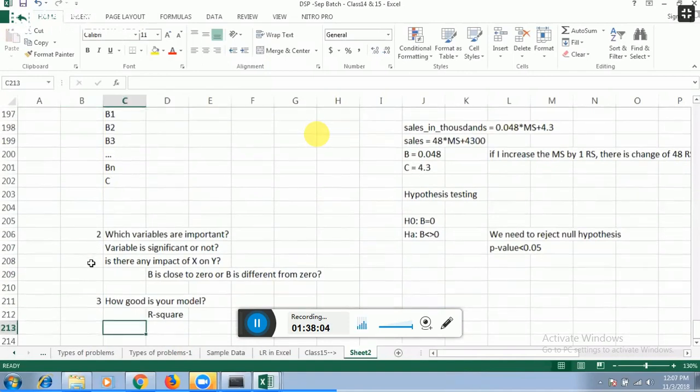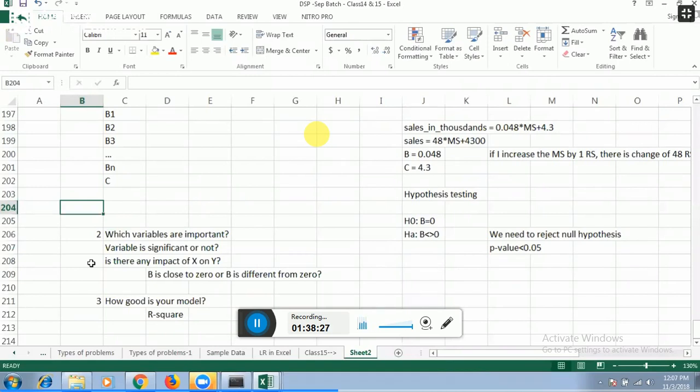And one more important thing is, before doing this, I also want to make sure that, suppose all betas are close to 0, that means none of the variables is coming significant. What does that mean? Constant. That is the same as y equal to constant. That means, can you see any improvement in your model?